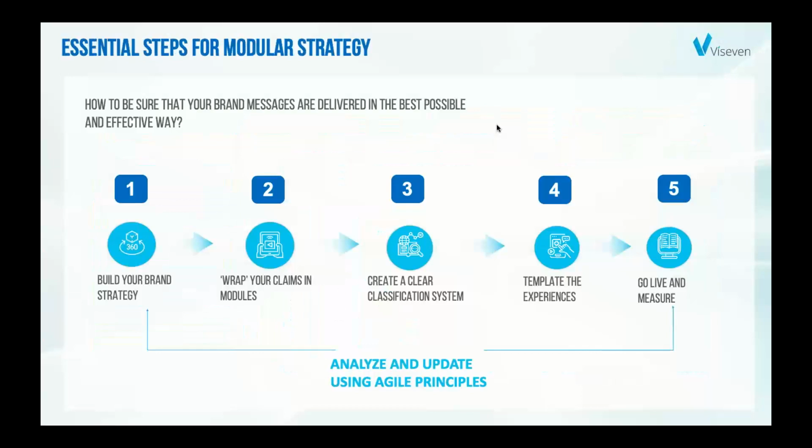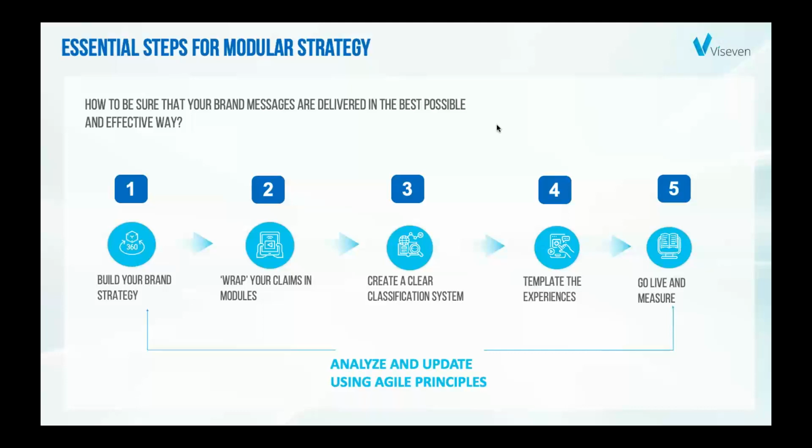And in order to start working the modular way, we have identified and practiced multiple times a number of steps. The start is in the strategy, where the customer team defines the customer engagement journey, the brand plan, and the messages that they want to deliver.